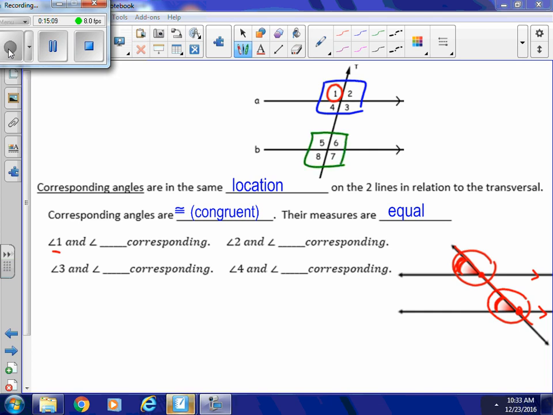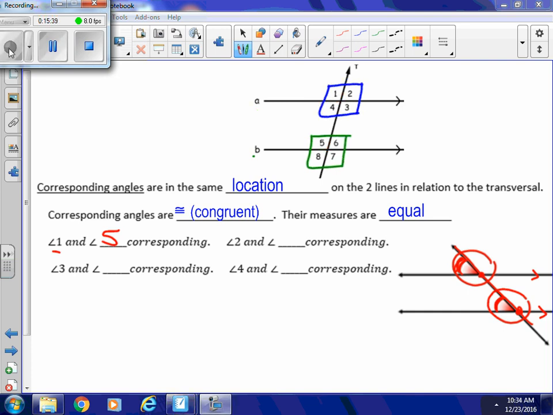So imagine that we've got streets A and B and they're being intersected by street T. If I live in house 1, in the blue intersection, who lives in the corresponding house to my house? Well, my house is in the upper left-hand corner, and house 5 is in the upper left-hand corner. They are in corresponding locations.